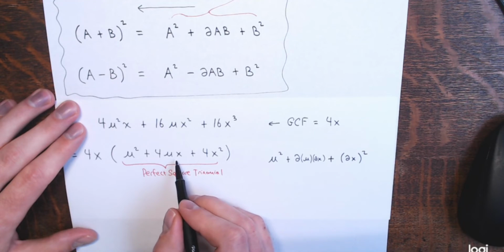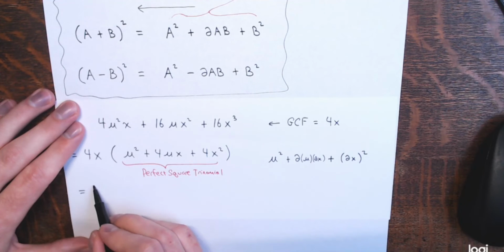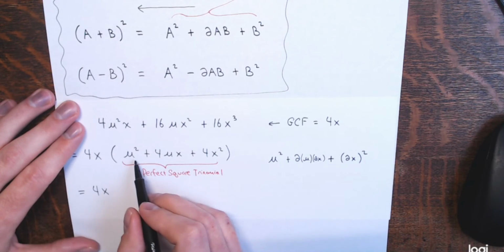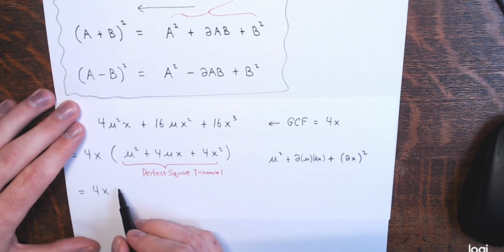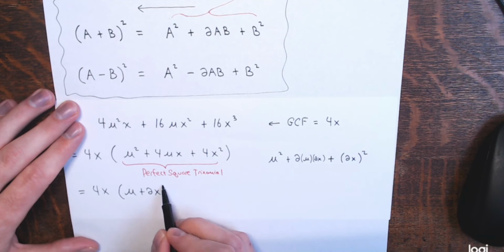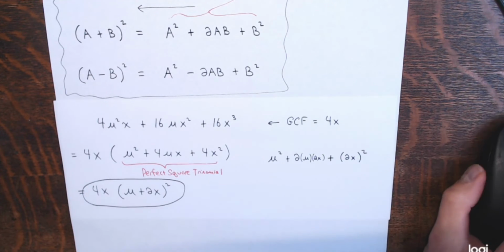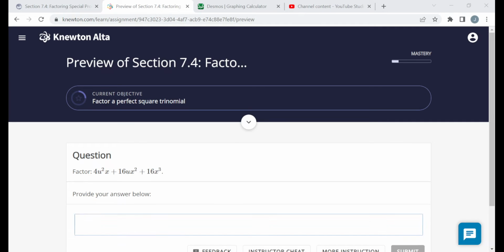So this will factor, right? We have the GCF we pulled out earlier, 4x, and then this u squared plus 4ux plus 4x squared will factor to u plus 2x squared, right? u plus 2x times u plus 2x, or the quantity u plus 2x to the second power. Great, but that pulling out the GCF, that is always the first step in factoring anything.